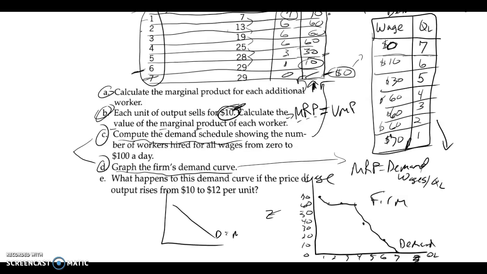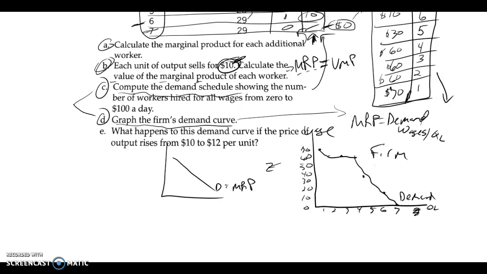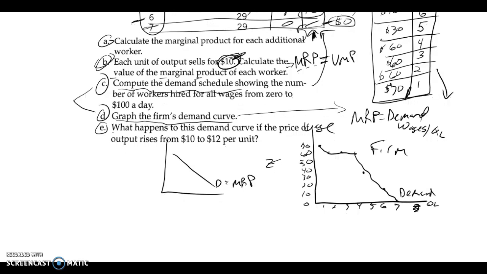This equals MRP. The last thing this one asks us to do is state what happens to this demand curve if the price of output, the price of the good they're producing, increases from 10 to 12.